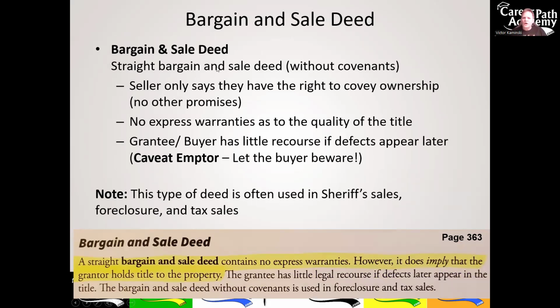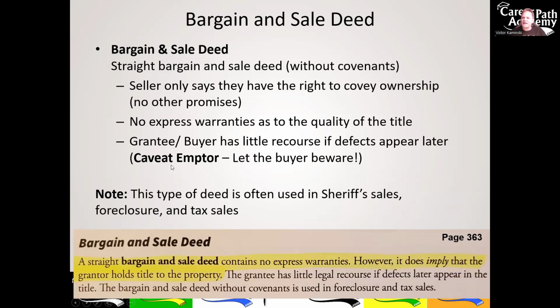So in this straight bargain and sale deed without any covenants, the seller only says that they have the right to convey ownership, but they're not making any other legal promises, not even claiming that they did not encumber it. So no express warranties as to the quality of the title are being made. Caveat emptor. Oh boy, that is not pronounced caveat emptor.